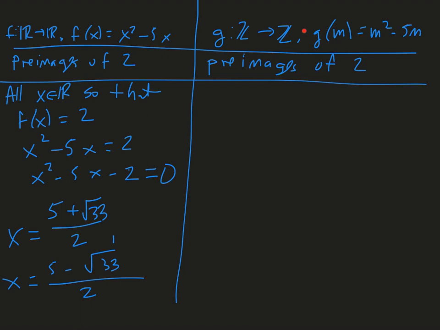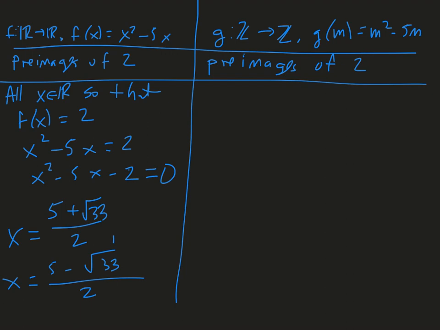Here my function is defined from Z to Z. That is, the only valid inputs are integers, and the only valid outputs have to be integers. I have to end up with an integer.